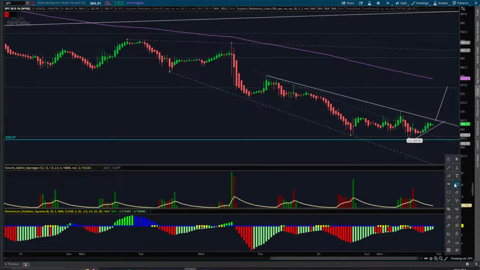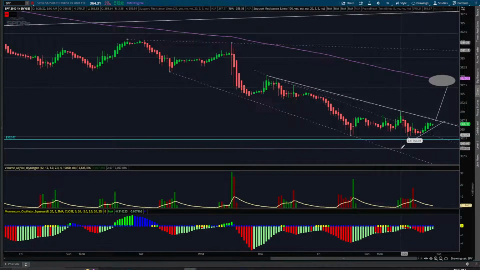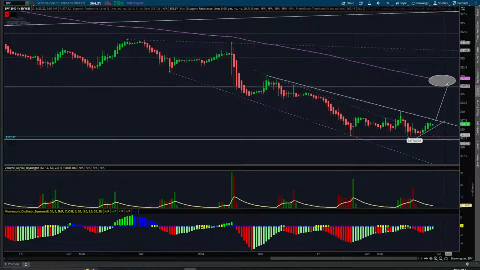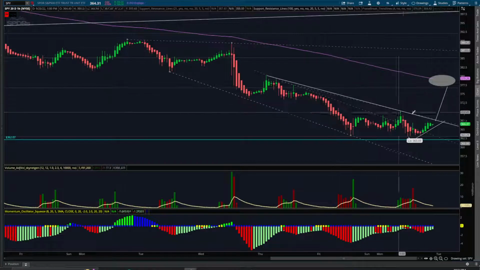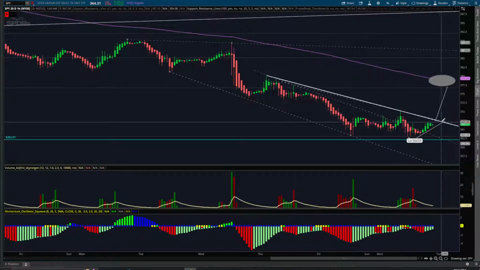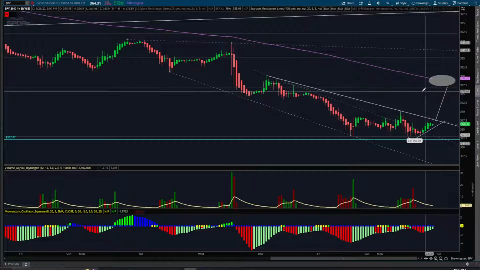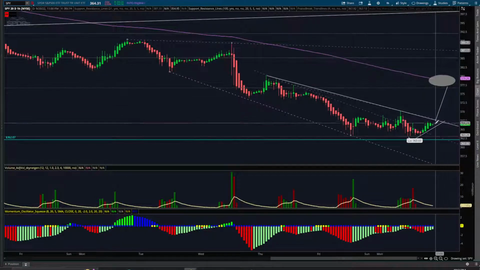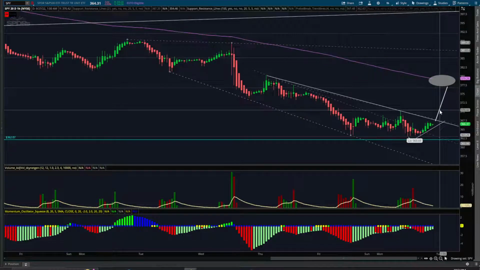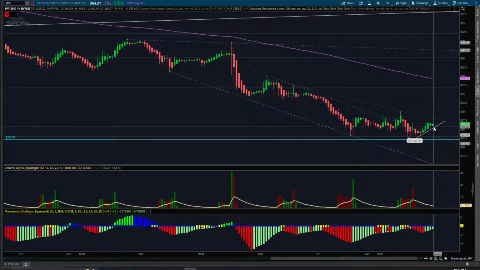So this could be potential intraday plays here to the upside if we break above this downtrend. So that's something to look for. Okay, we break above this downtrend. Now we have room to run to that 376 to that 380. So that's what I would be looking for tomorrow. Keep that on watch.